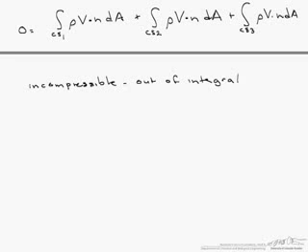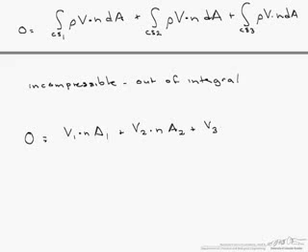The second thing that we know is that our velocities are constant or uniform, therefore they are not a function of area, and we can take the entire term out of the integral. So what we're left with is 0 equals v1 dot n times A1 plus v2 dot n A2 plus v3 dot n A3.